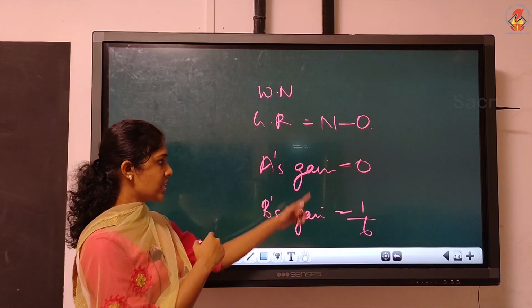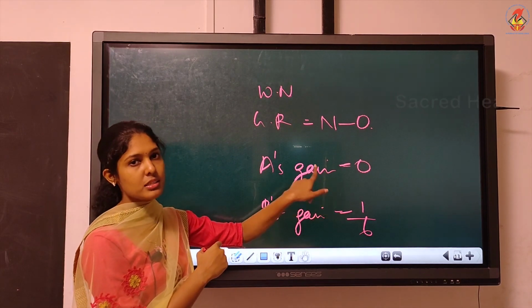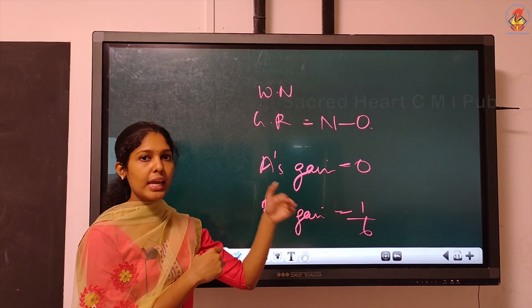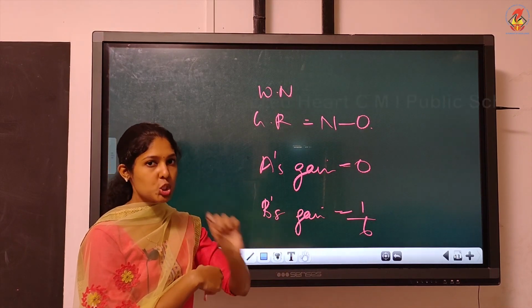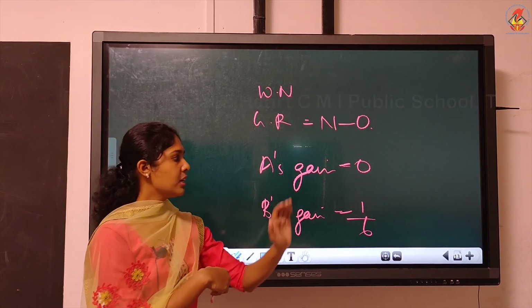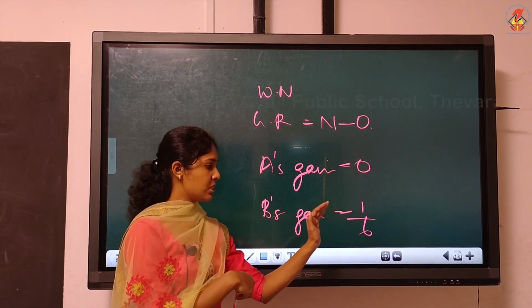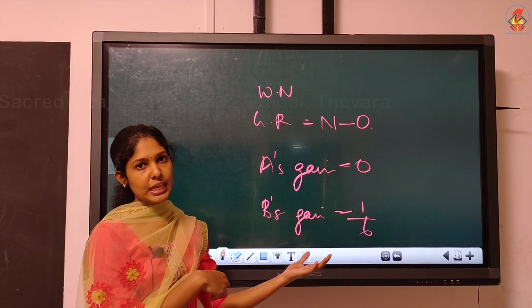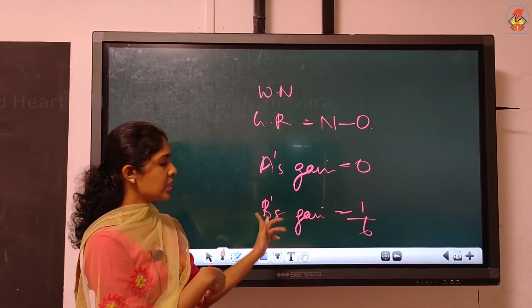What is the meaning of this? A neither gains nor sacrifices. That means in the journal entry, A's capital should not be written. Only B is gaining. So the entry will be B's capital debtor to the retiring partner, C.